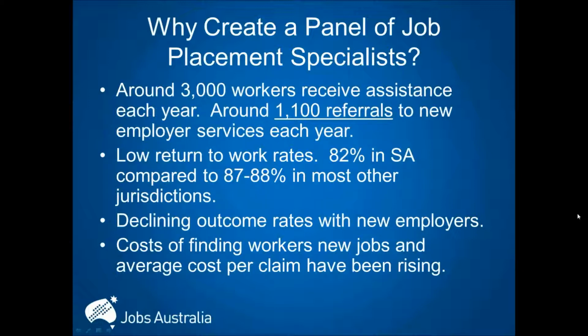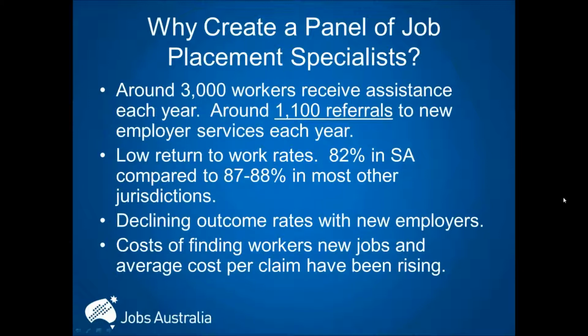What they've found is that there are very low return to work rates under their existing or previous arrangements. They're only getting 82% compared to, say, about 87 or 88% in most other jurisdictions, and they're getting declining outcome rates with new employer services.